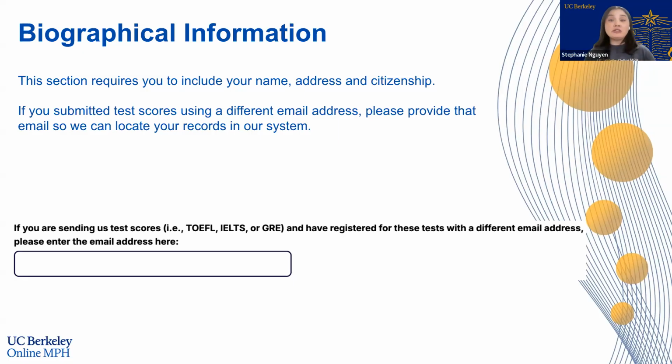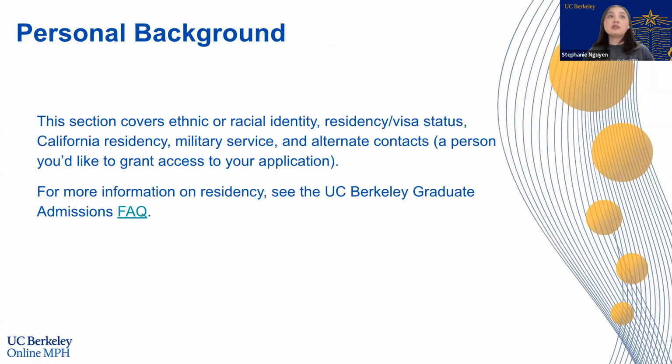If you've used separate email addresses for your application and your exams, they may populate into the portal but not connect to your application. So this would allow us to look for it and help match your exam scores to your application should you have completed that.